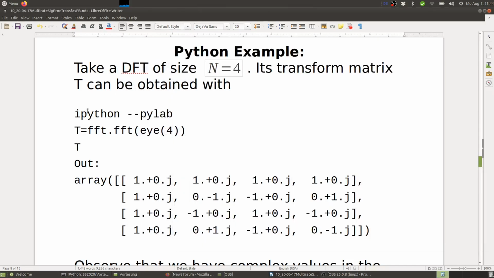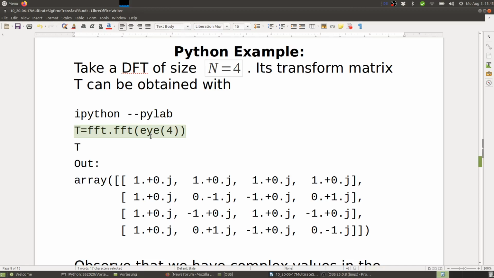And now we can construct the FFT transform matrix by applying the FFT function to the identity matrix of size 4. So in Python, that's part of NumPy and SciPy, and in this lab we have functions FFT and not matrices. So we can obtain the matrix T by applying the function to an identity matrix, right?